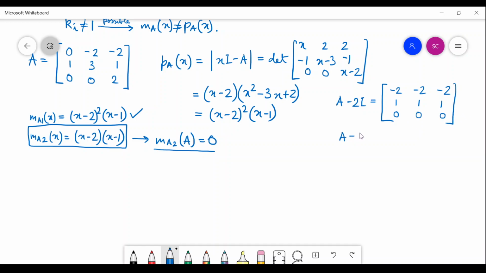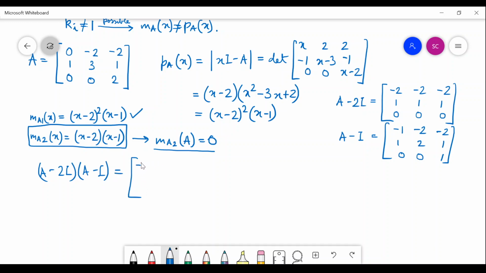A minus I is minus 1 1 0, minus 2 2 0, minus 2 1 1. Now if you do this, A minus 2I times A minus I, then you will find that actually this would become 0.